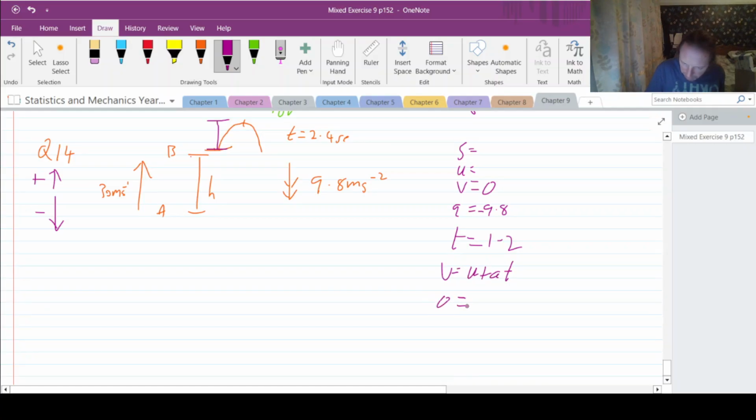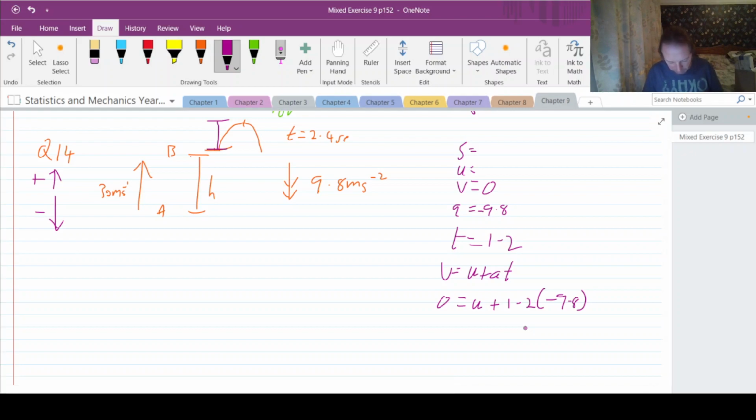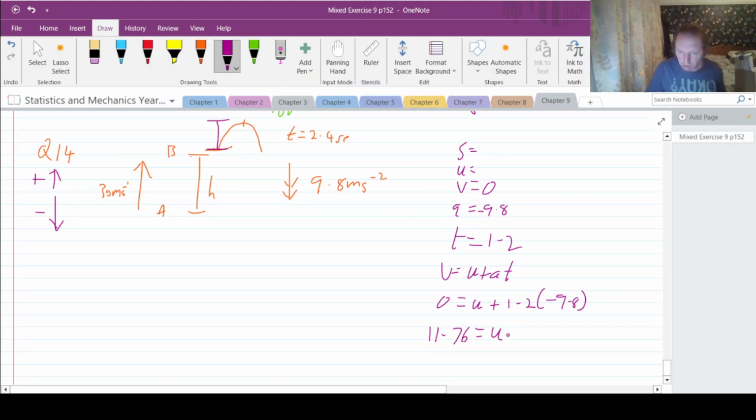So 0 equals u, that we're looking for, plus 1.2 times minus 9.8. 1.2 times 9.8 gives us 11.76, and so that means 11.76 is equal to u.